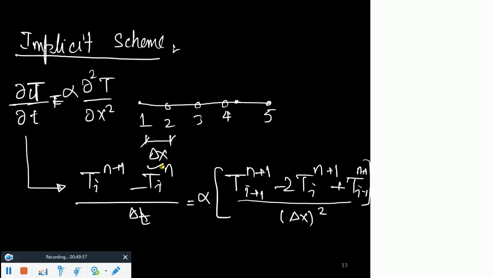If there is more than one unknown in one equation, it means you have to use implicit scheme. You have to use what? Implicit scheme. Okay, and implicit scheme requires that you perform a certain number of iterations. Again the Jacobi method, again the Gauss-Seidel method. Let me use the same initial condition and same boundary conditions. Nothing different.